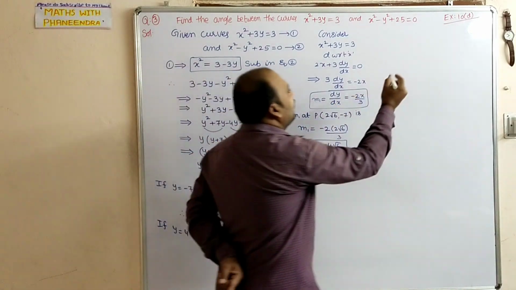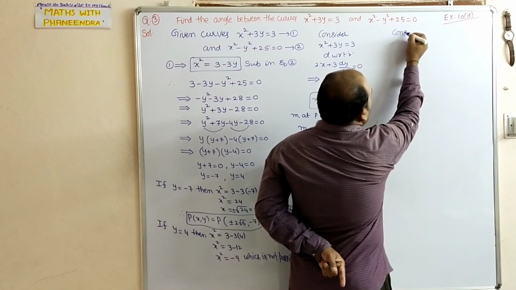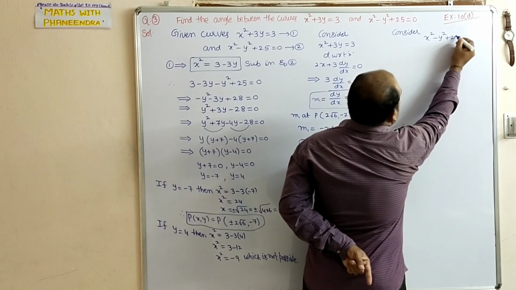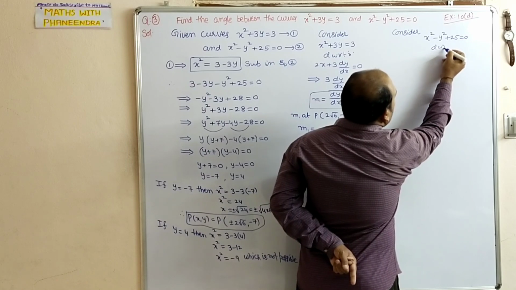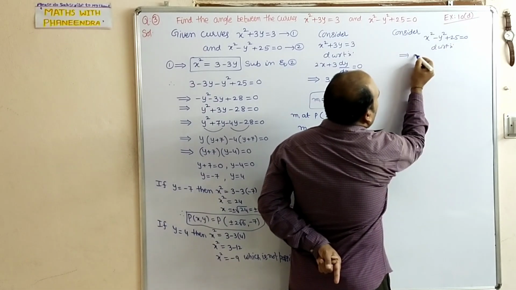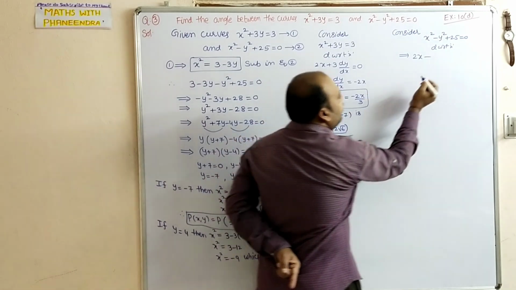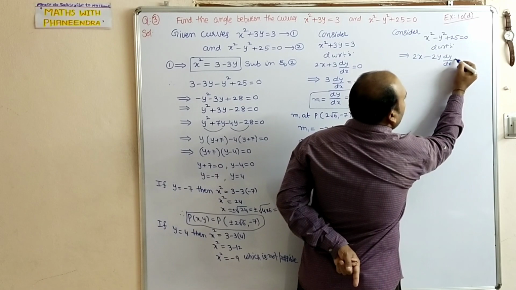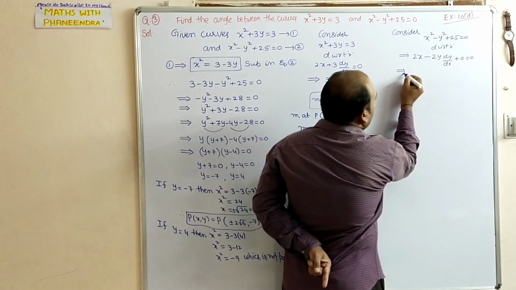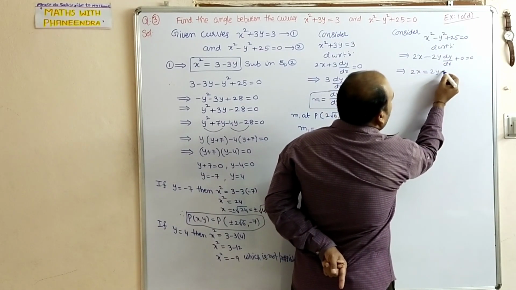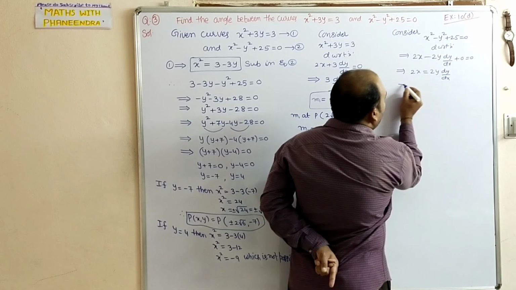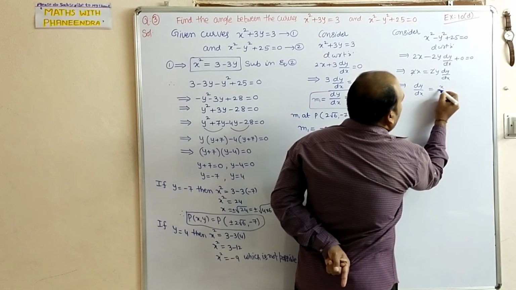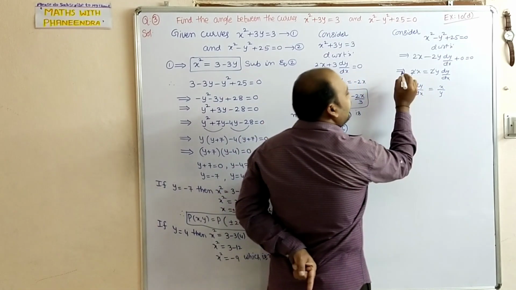Similarly, consider the second curve, x square minus y square plus 25 equal to 0. Differentiate with respect to x. x square derivative is 2x, minus y square derivative is 2y, again y derivative is dy by dx, and constant derivative is 0. So that implies 2x equal to 2y dy by dx. So 2 gets cancelled, dy by dx equal to x by y. So this is the second curve slope.